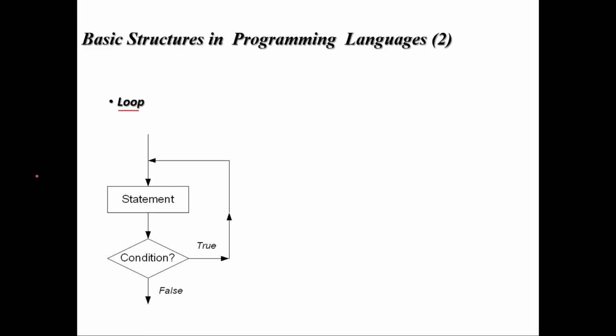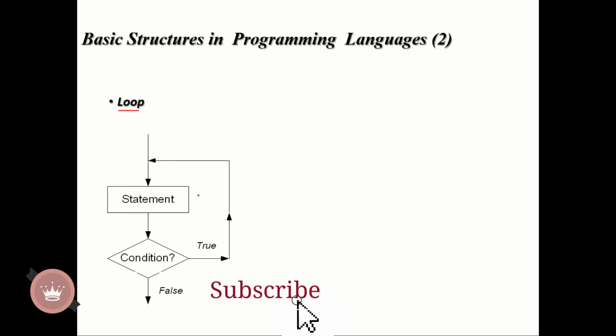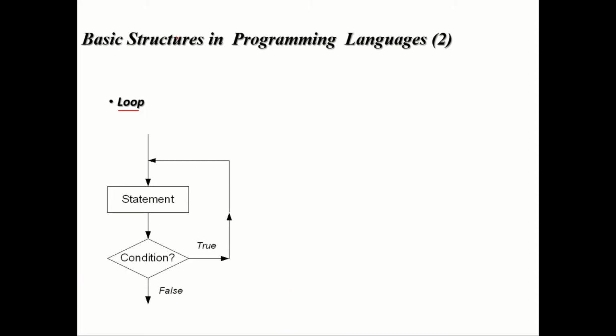This type of statement is used, for example, for searching some values from a store or somewhere in the database, or any multi-choice, just like if true, do something, if true, do something, like this one.